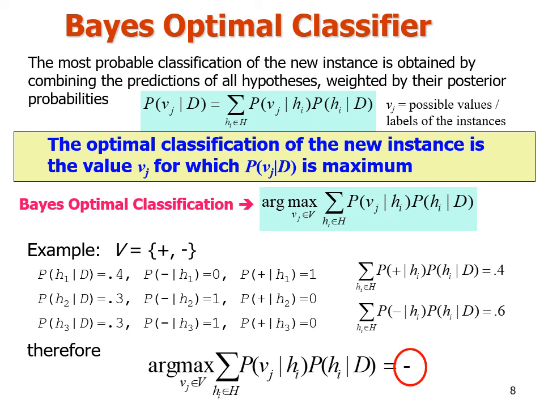This method maximizes the probability that the new instance is classified correctly given the available data, hypothesis space and prior probabilities over the hypothesis. So I hope you have understood the concept of Bayes optimal classifier.